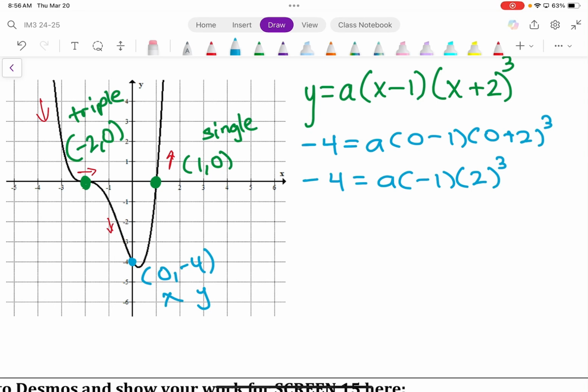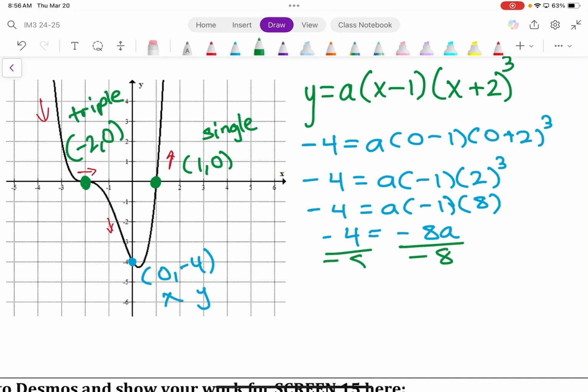So 0 minus 1 is negative 1. 0 plus 2 is 2. What is 2 to the third power? 8. Okay. So we solve for a. We figure out that a is 1/2.